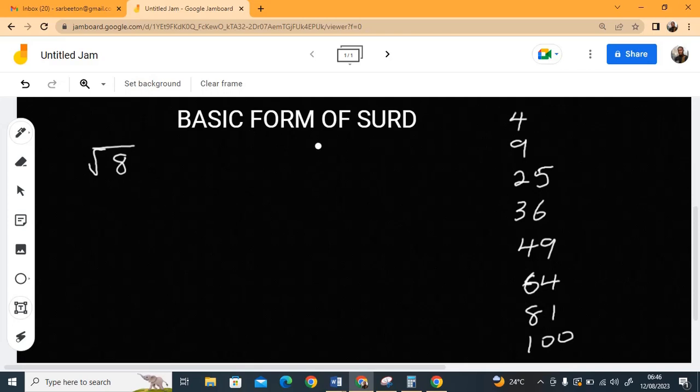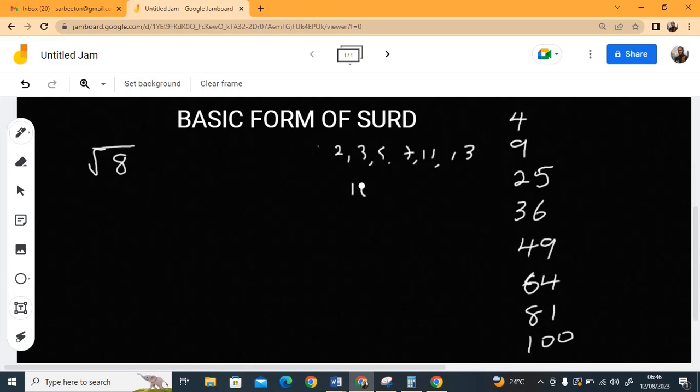Most examples under non-perfect squares are prime numbers. If you have 2, 3, 5, 7, 11, 13, they are non-perfect squares. But they are not limited to this. They are non-squares that you can use as a basic form.